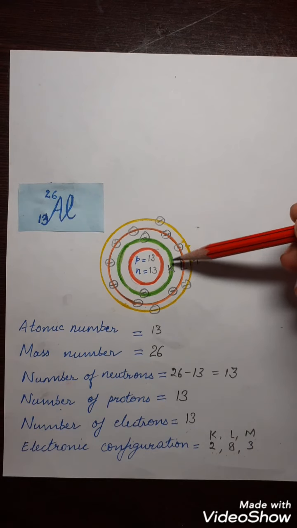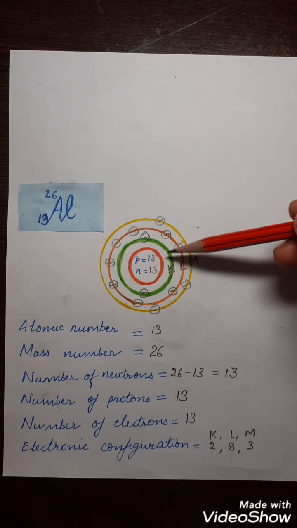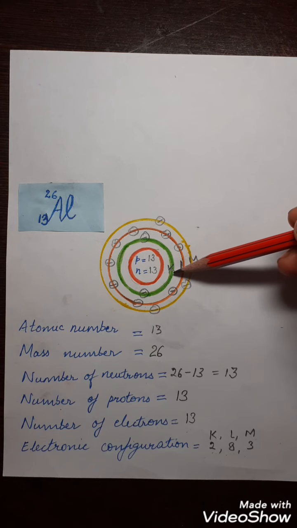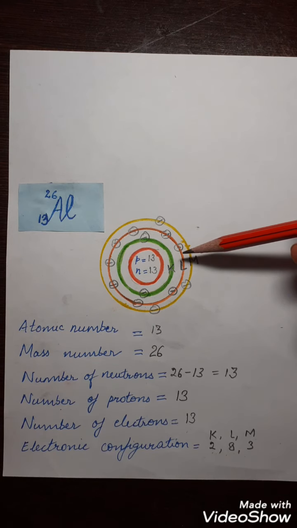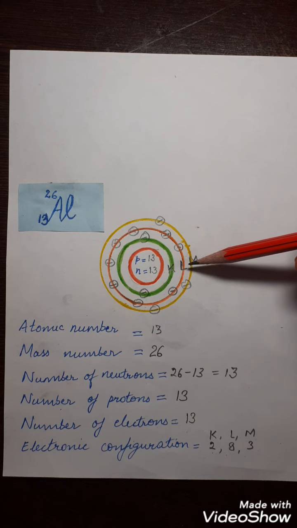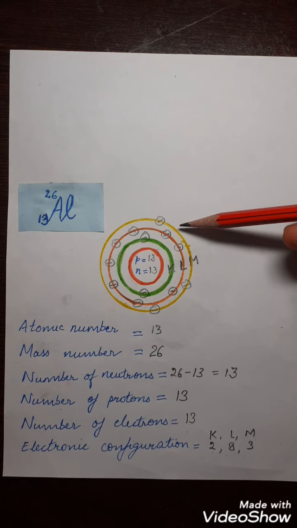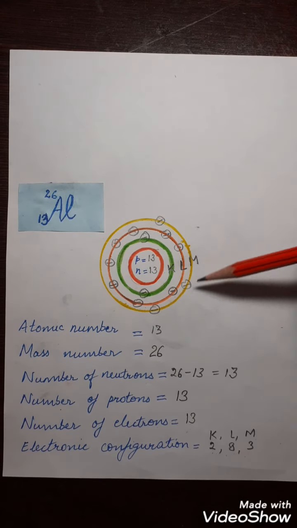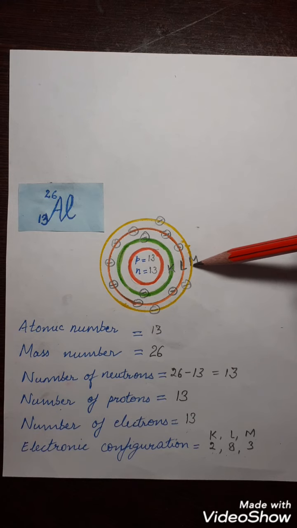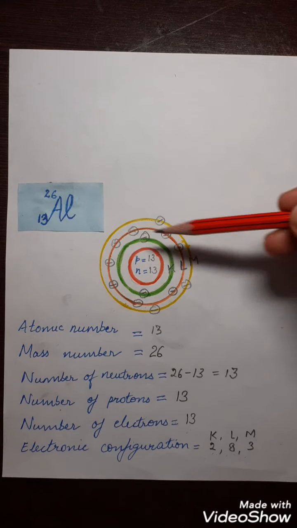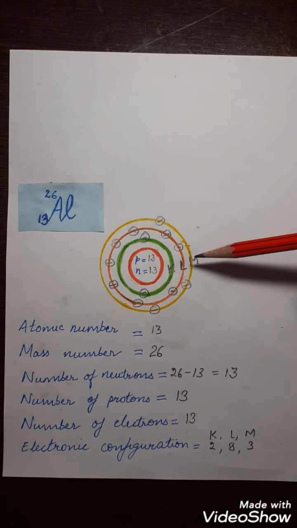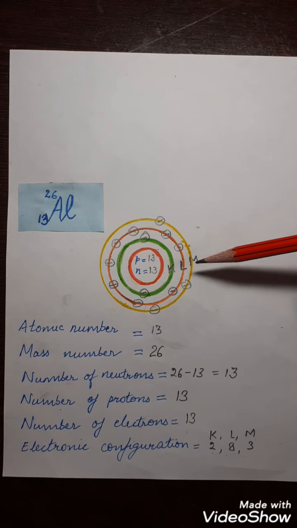Students, what are these? These are the energy shells. K shell, L shell, M shell, or you can say these are the orbits. So, what is the valence shell? See, which is the last shell in the aluminium atom? M shell is the last shell in the aluminium atom. So, the last shell is known as the valence shell.